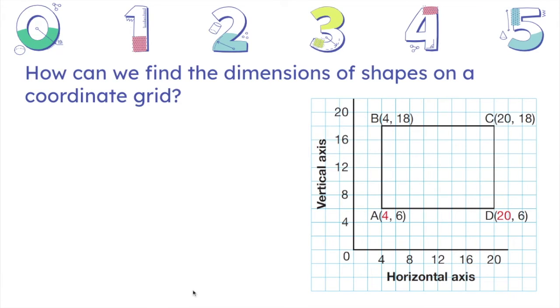Now, remember that the first coordinate of an ordered pair tells you how far you move right. So we can find the horizontal distance between D and A by looking at the first number in the ordered pair for each point to find the width of the shape.